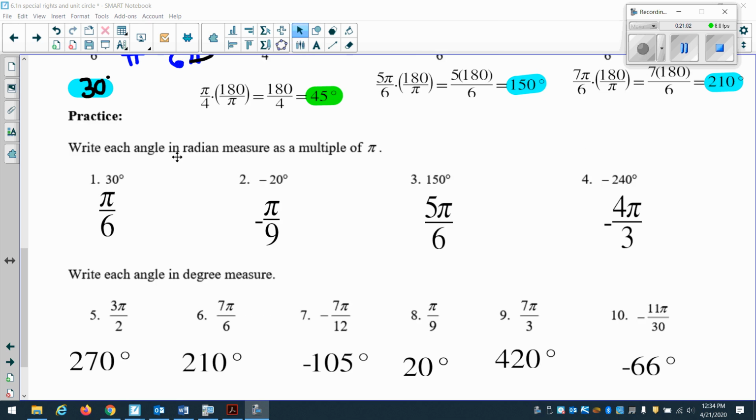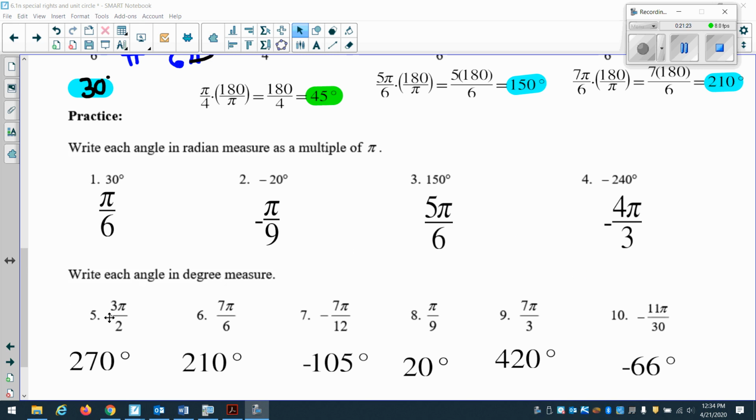Okay, so for the practice below, going from degrees to radians, you should have got the following. And then from radians to degrees, you should have got the following as well. Again, it's just the conversion formula. You're not really multiplying by pi. You're kind of just tacking it on and reducing your fractions up here.